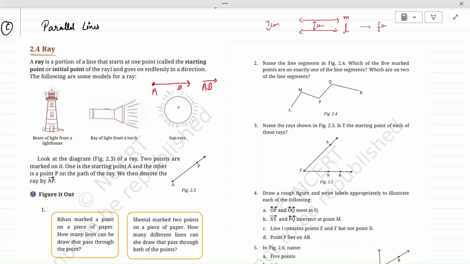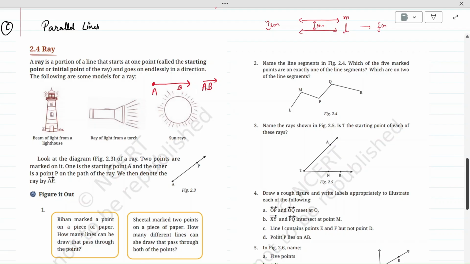We know the starting point is the sun, the starting point is a torch, the starting point is a lighthouse, but the light will reach an infinite distance and we do not know that distance, but we know the starting point. So this is how we can describe a ray. We know the starting point but we don't know the end point, so in one direction it has an arrow. I hope this is clear.